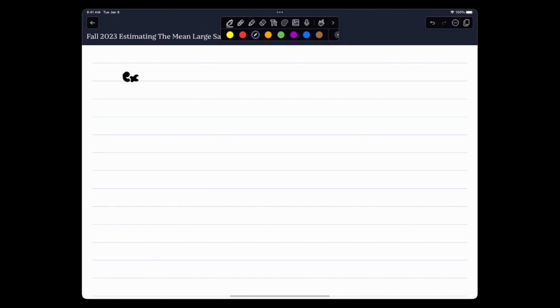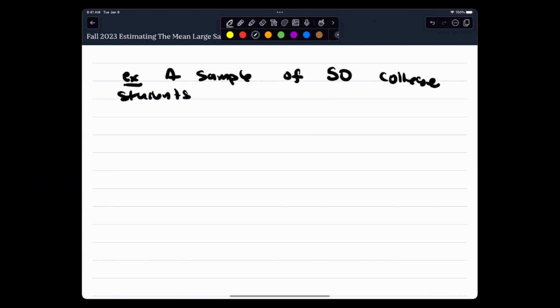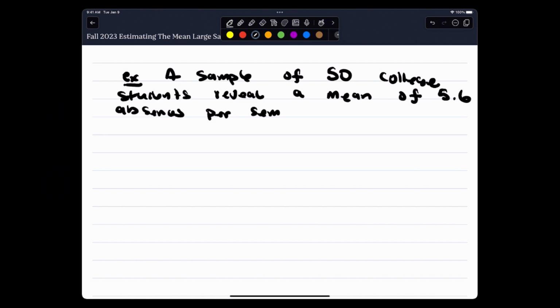Let me have you guys try this one. A sample of 50 college students reveal a mean of 5.6 absences per semester, with a standard deviation of 1.2 absences.